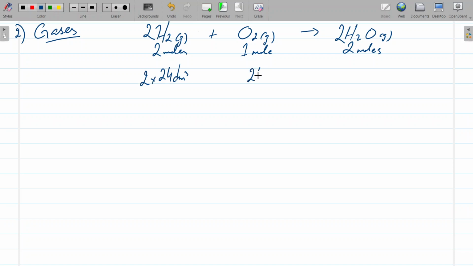This is just 1. So 24 decimeter cube, and 2 moles, so that's twice of 24. And so 48 decimeter cube of hydrogen reacts with 24 decimeter cube of oxygen to give you 48 decimeter cube of water vapor, right?